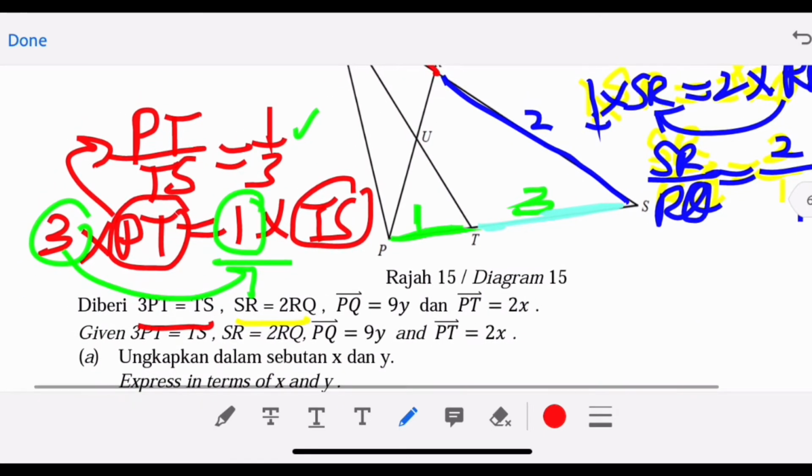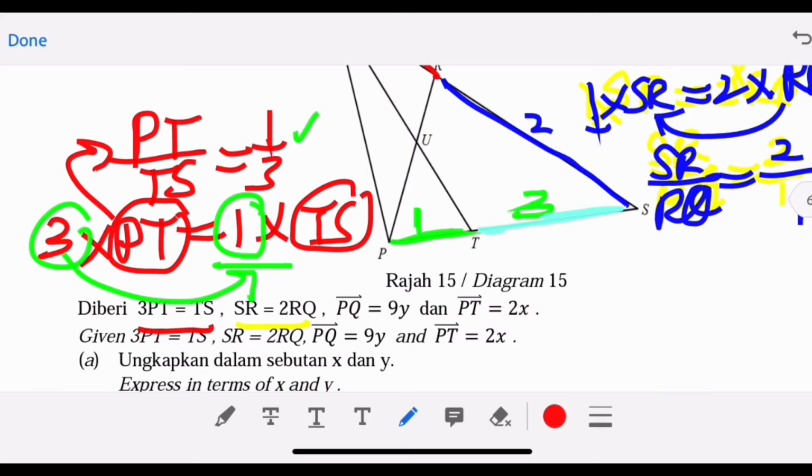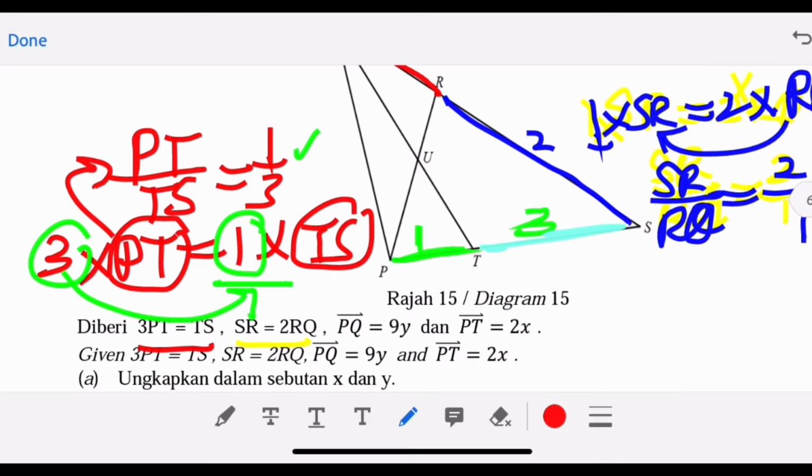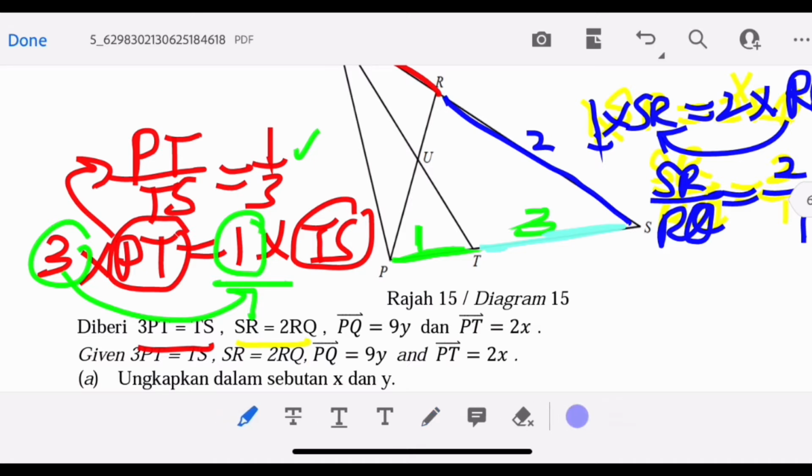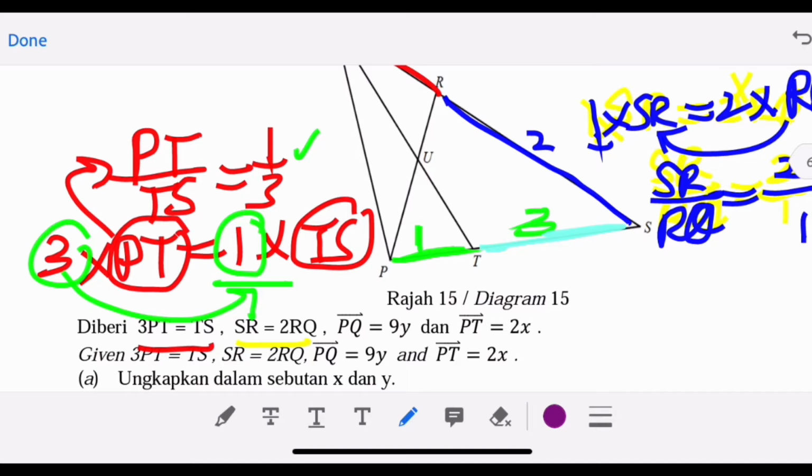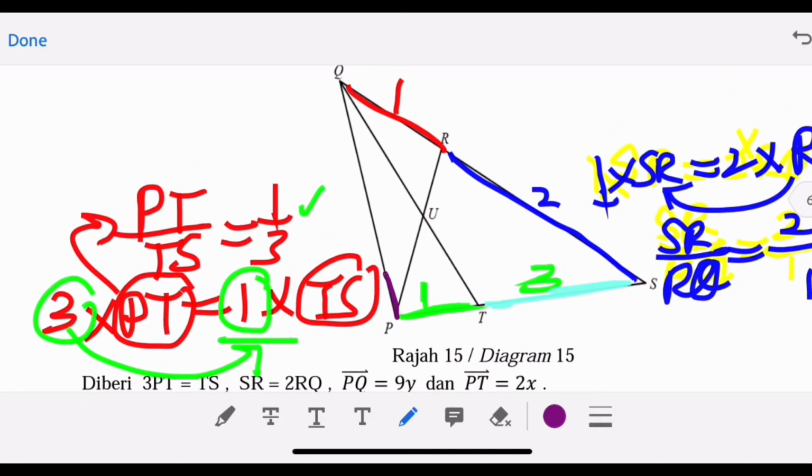Now let's label the vector. So the first step is you label the ratio correctly. Then after that you label the vector. Vector PQ was given as 9y. From P to Q, make sure we draw the arrow. This vector is 9y.